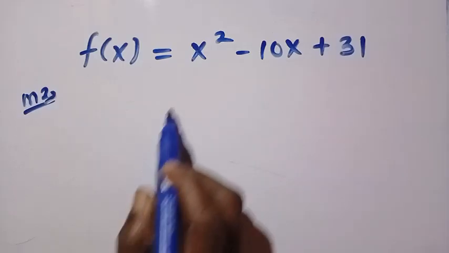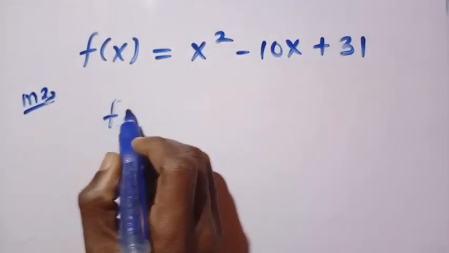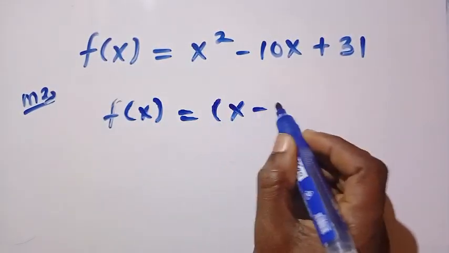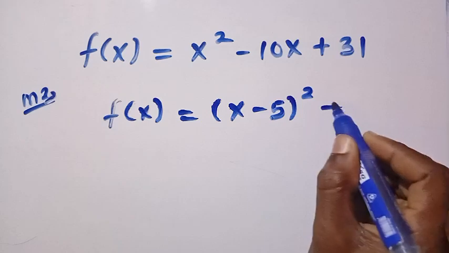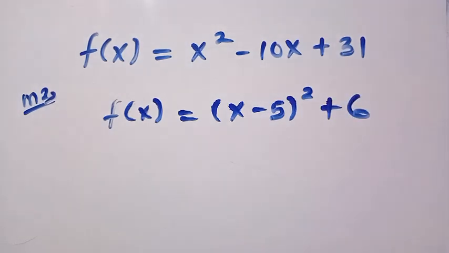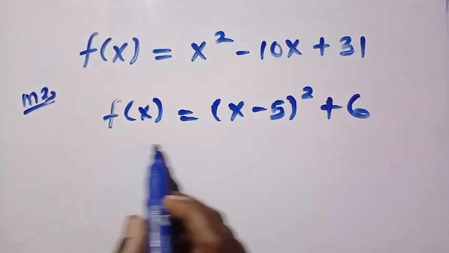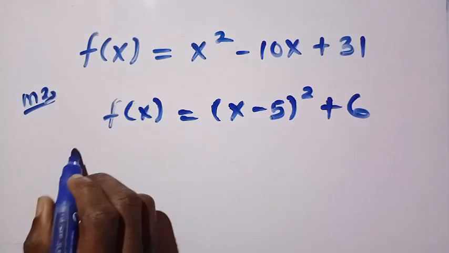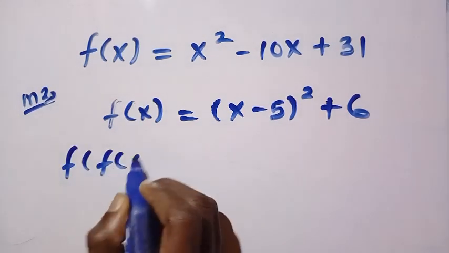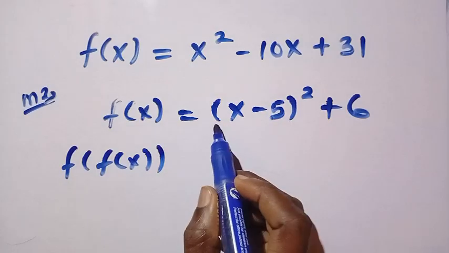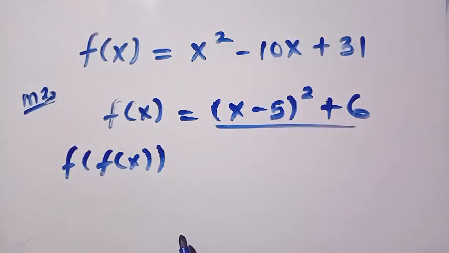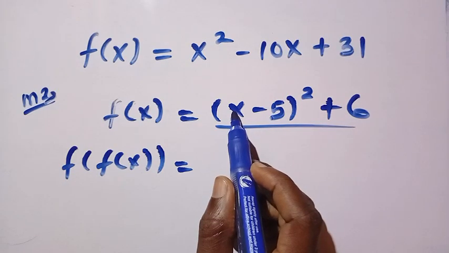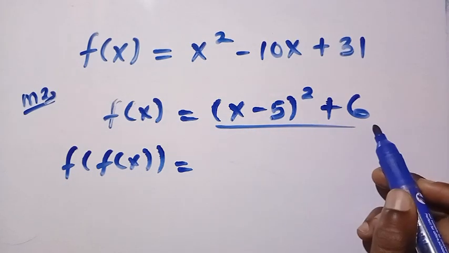So this method 3, if you start from here, we have f of x, just like we replace it as x minus 5 squared plus 6. Then if you consider inserting this in other functions, let's say we have f of x, that is, everything here has become x. If you want to reintroduce it, every single where we see x here, we replace it with the whole of this.